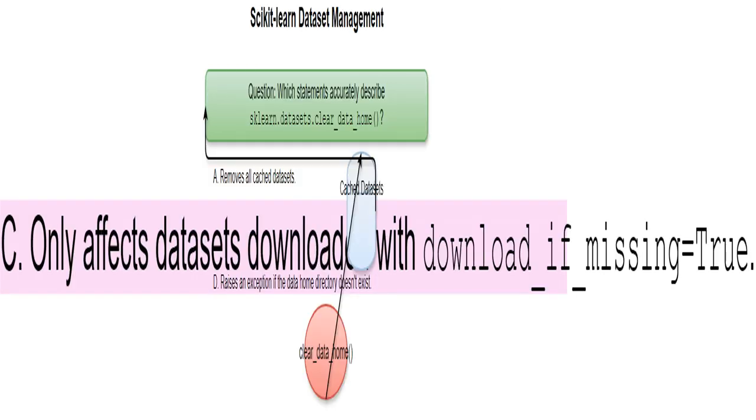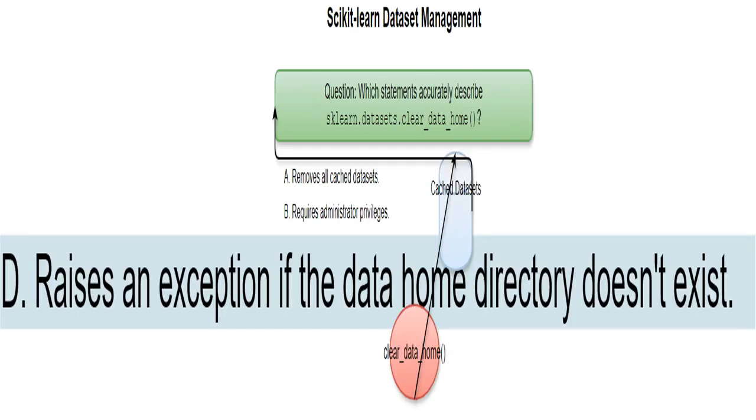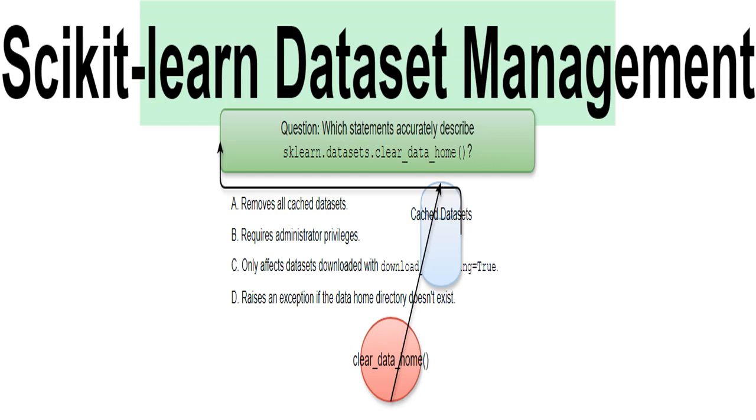Nope, this one's false too. _clear_data_home doesn't discriminate. It removes all cached datasets, regardless of how they got there. This is incorrect. The function is smart enough to handle situations where the data directory is missing. It won't crash.